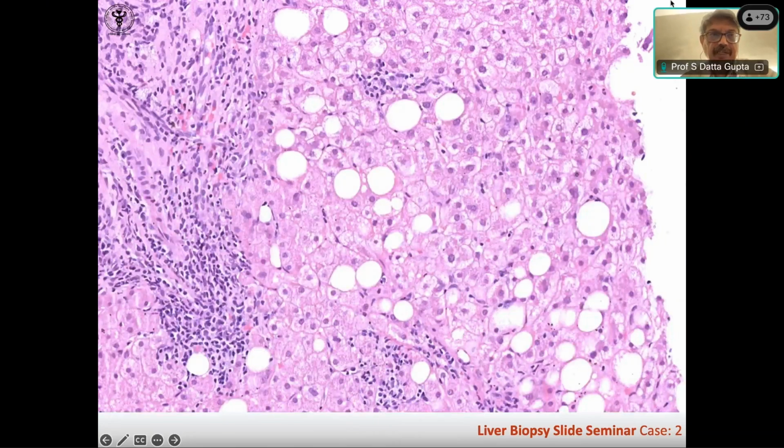There's some fat. This is a small area of confluent necrosis here, right? See this? Instead of 2-3 hepatocytes, you're finding lymphocytes here.